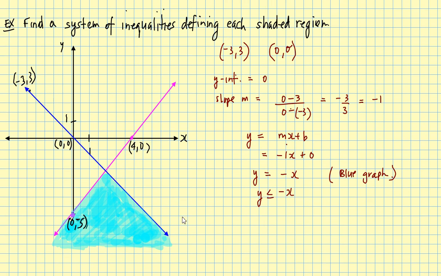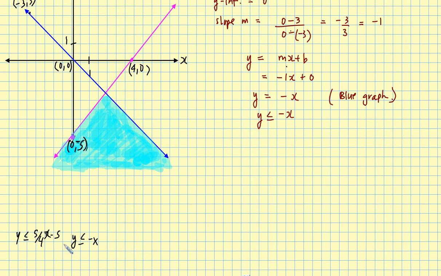It's equal to it because we have a solid line. Now, if I look at the second graph very quickly, I can see that my y-intercept is equal to negative 5, and I can find my slope very quickly by saying 0 minus negative 5 over 4 minus 0 is equal to 5 over 4.